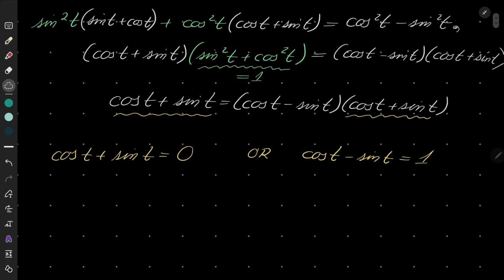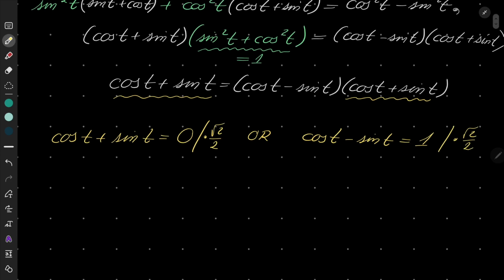My favorite method of solving these types of equations is to multiply both sides by square root of 2 over 2. Why is that? Well, cosine of π/4 is √2/2, and sine of π/4 is also √2/2.